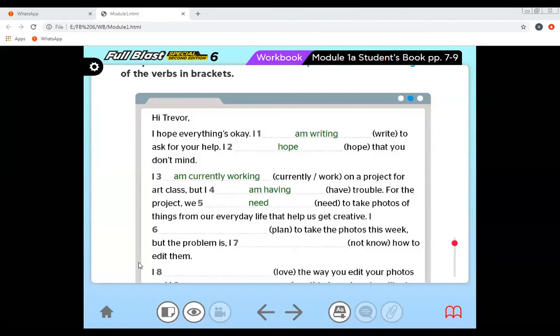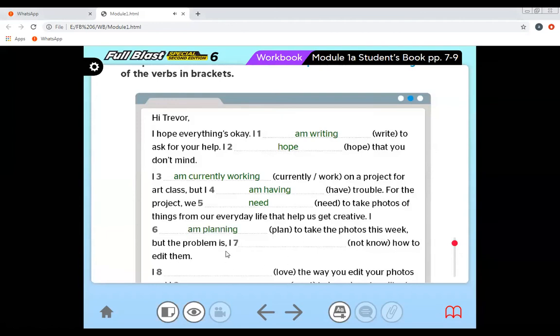Another one. Who knows the answer? Judy Ahmed. Yes, Judy Ahmed. Do you know the answer? I plan or am planning to take the photos this week. This week. Who knows the answer? Ala Ahmed. Yes, Ala Ahmed. I am planning. Excellent. I am planning.